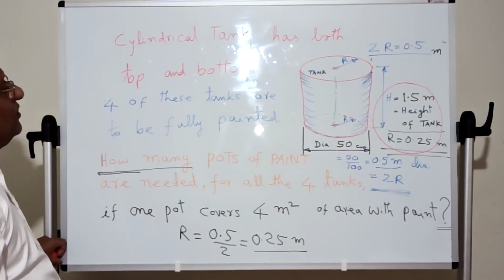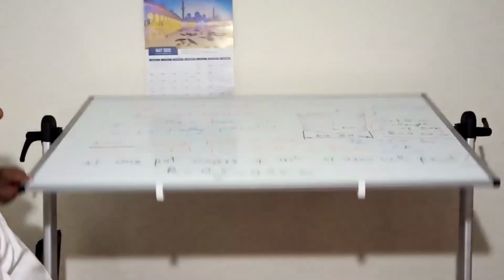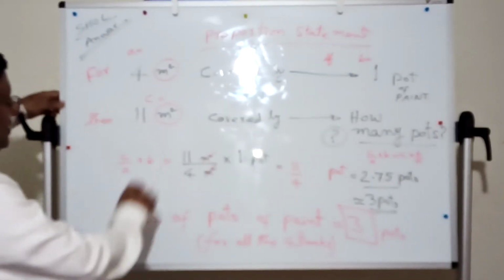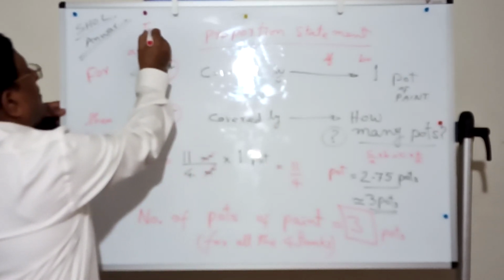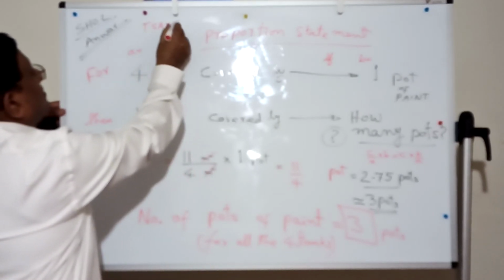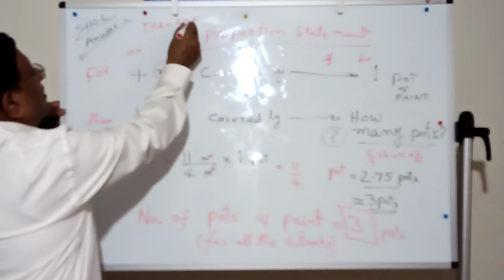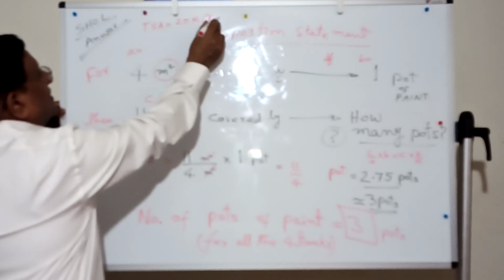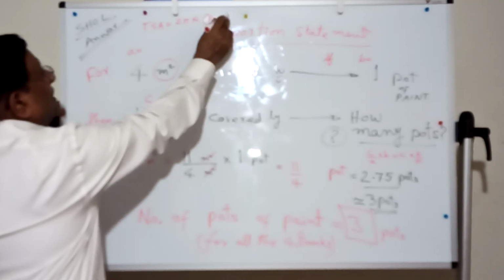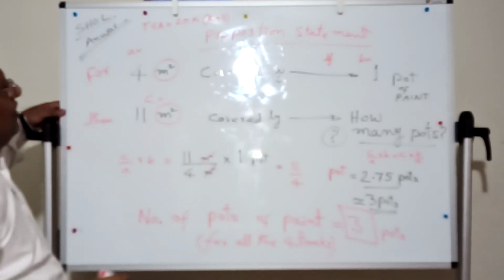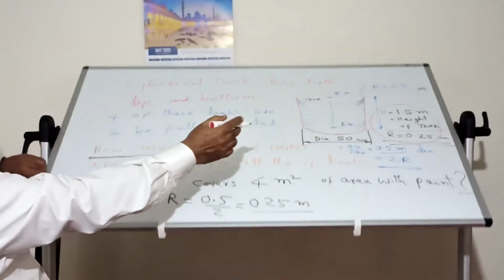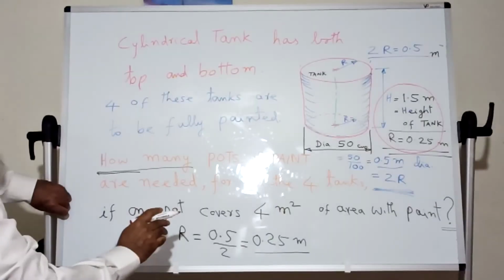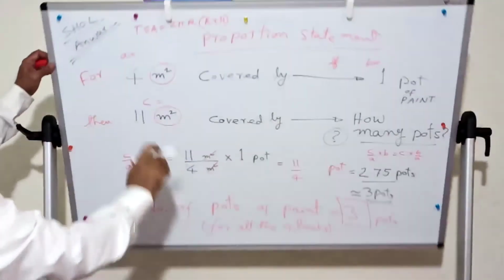Then you should calculate for each cylinder what is the area. For each cylinder, total surface area is 2 pi r times r plus h. Using this formula, r is 0.25, h is 1.5, and r is 0.25.